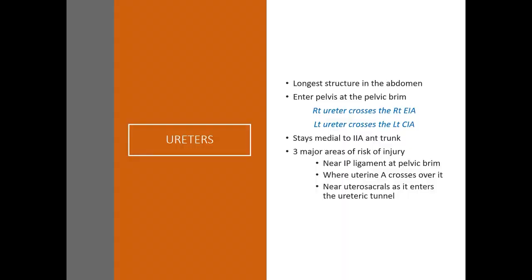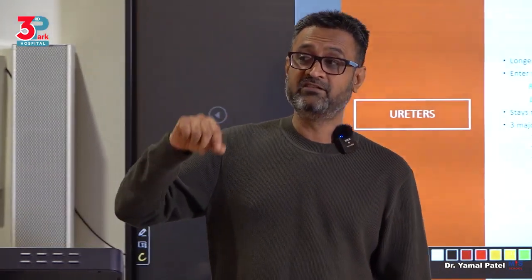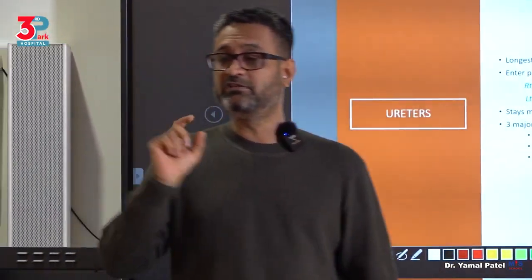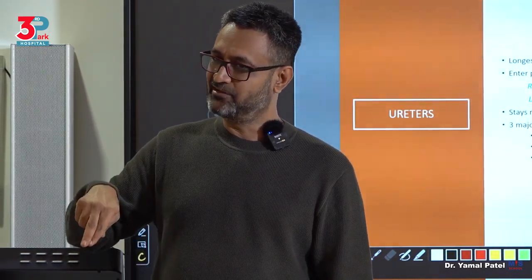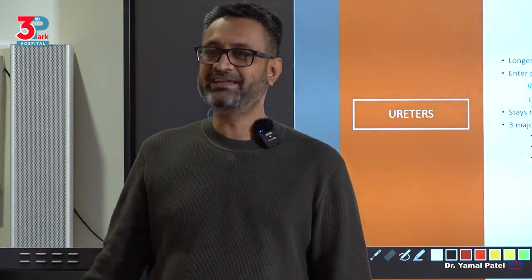There are 3 or 4 major areas of injury in the ureter. Number 1, near the IP ligament as it's crossing over. So if you are doing a total abdominal or laparoscopic hysterectomy with bilateral salpingo-oophorectomy, which means you're also removing the ovaries, then you'll have to cut the IP ligament. If you're going to cut the IP ligament and you're not careful, then that's where you hit it.